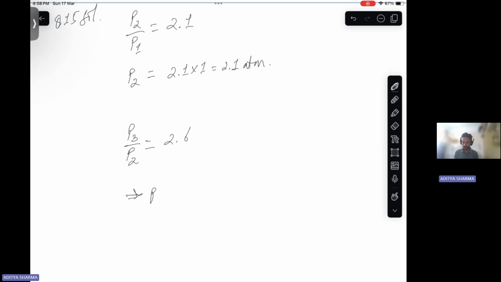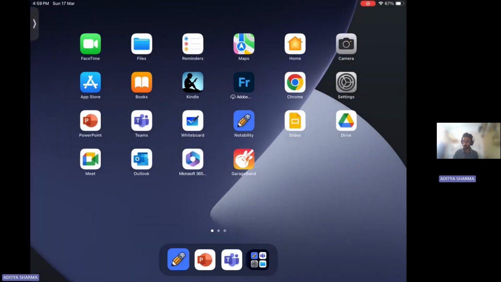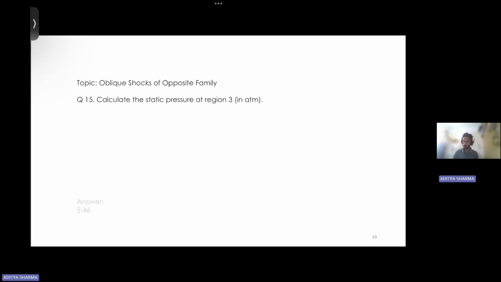Which implies P3 is 2.1 into 2.6. So this is about our question number 15.